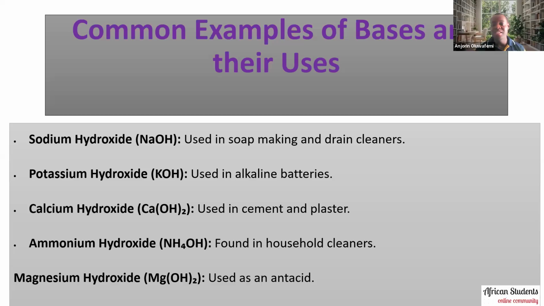What you have been given is an antacid that guides against acid reflux, or heartburn, maybe from eating certain food. So magnesium hydroxide is a very good component of antacid that is used as a remedy for heartburn and acid reflux issue.